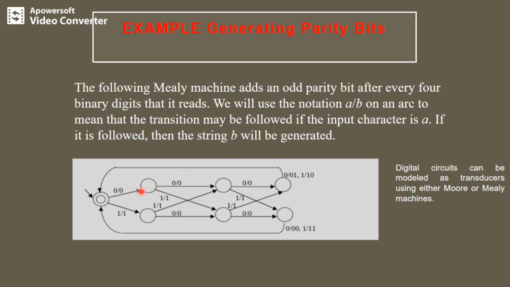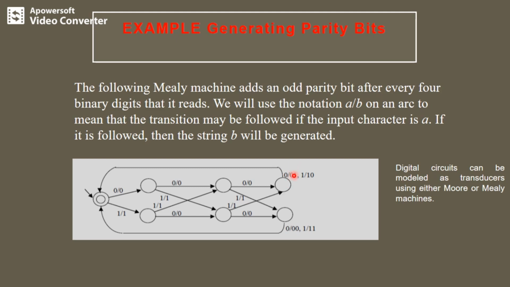So when it reads 0, it just outputs 0. Let's try this: 0, now 0. When it is going to read the fourth bit, here you can see it's going to produce 0, 1.